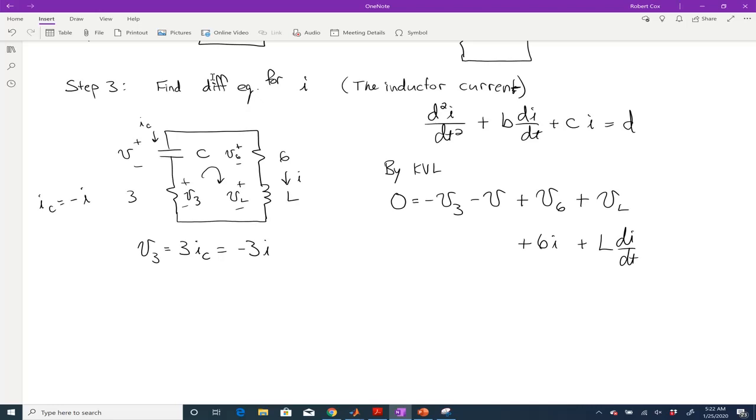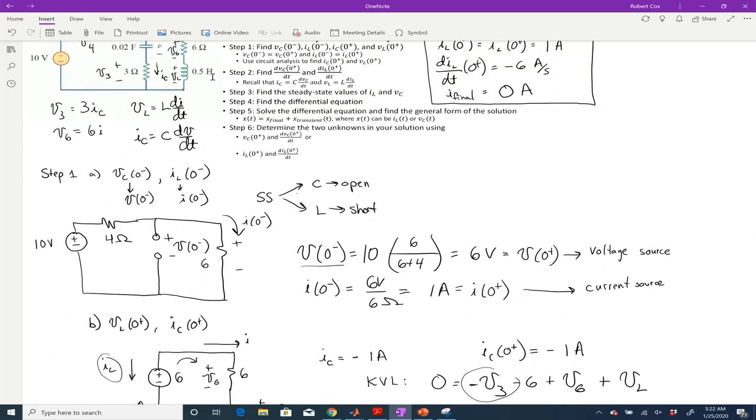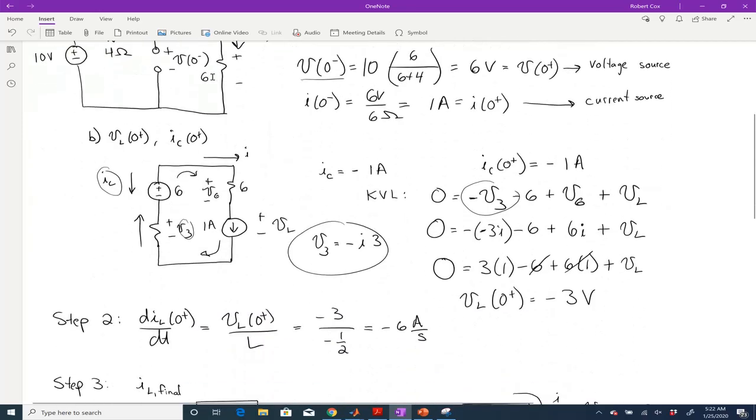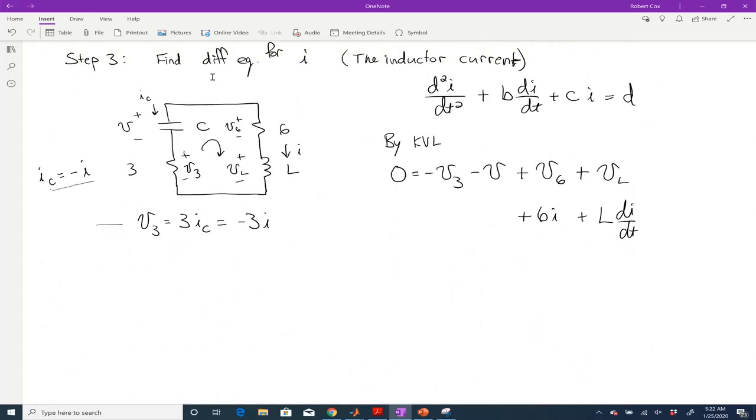Remember, there's a current flowing into the capacitor, so we defined it to be IC. Remember back in the very beginning, we said V3 equals 3IC. Well, because IC equals minus I, V3 equals minus 3I. So I plug that in here. I have 0 equals minus V3, or minus minus 3I, minus the capacitor voltage, like that.